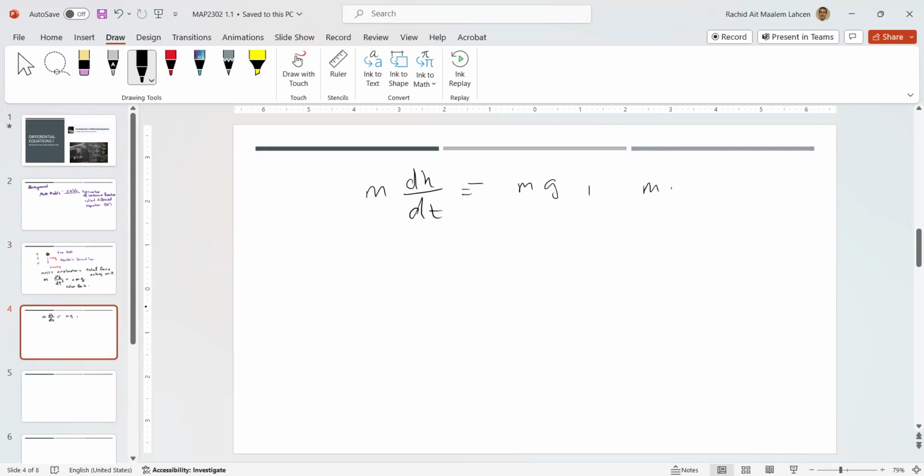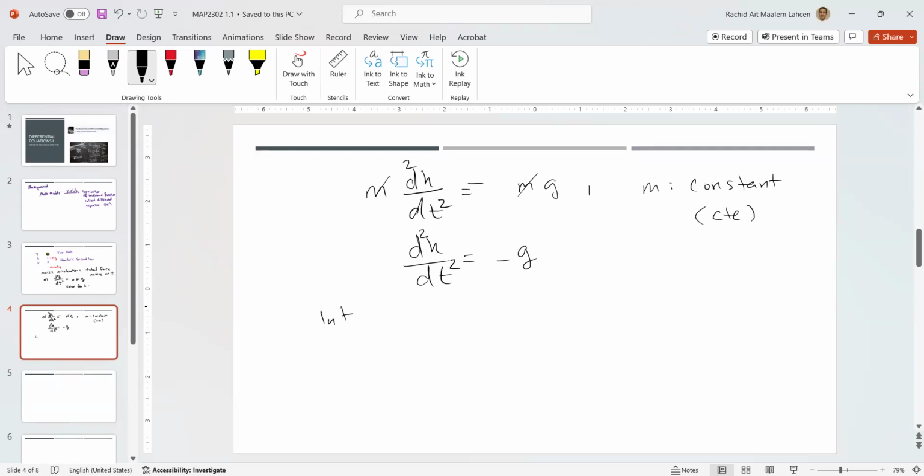Of course, m here is constant, and often I would write this for constant. So we can divide by m. It's not 0, so we can do that. Then we get d squared h over dt squared is negative g. This is still the second derivative, right?